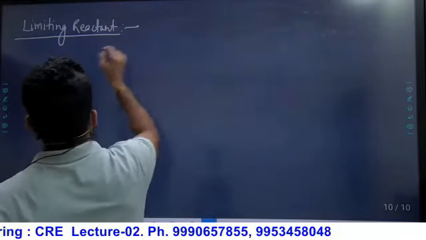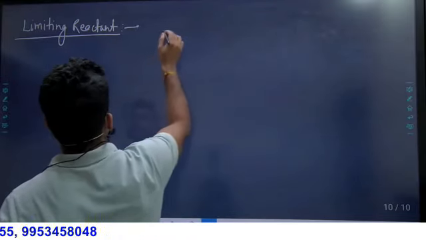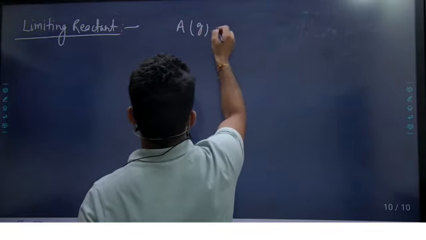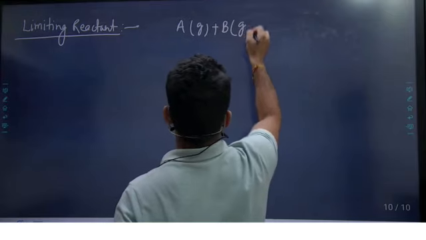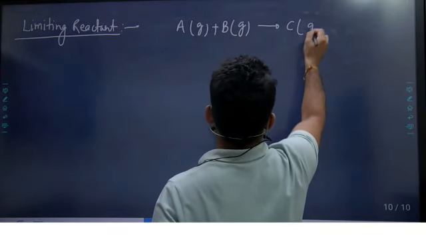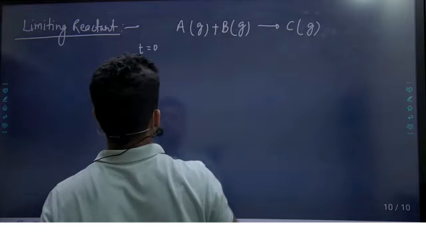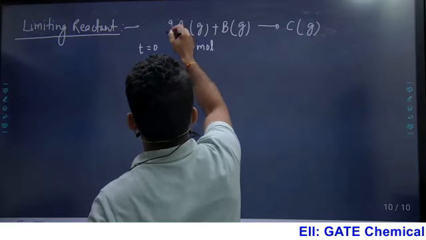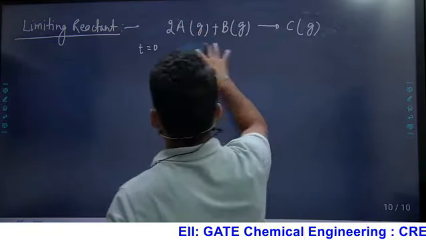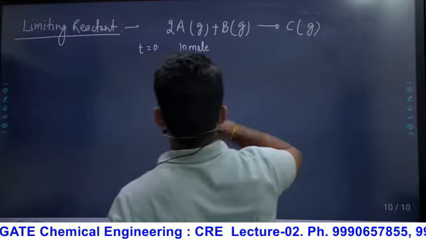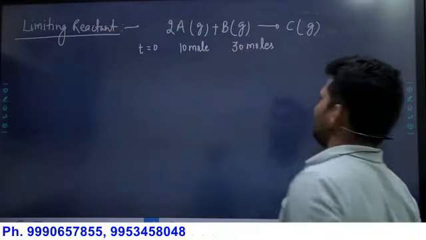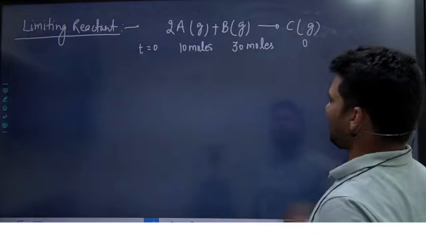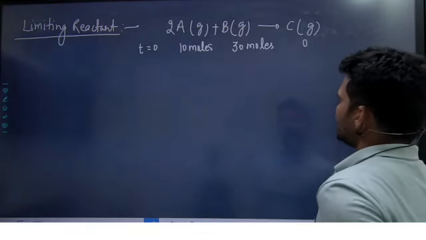Suppose I am taking any reaction, A in the gas phase plus B in the gas phase gives C in the gas phase, that is 2A plus B gives C. In the starting, at time t equals 0, I have 10 moles of reactant A, 30 moles of reactant B, and the moles of product C are 0.